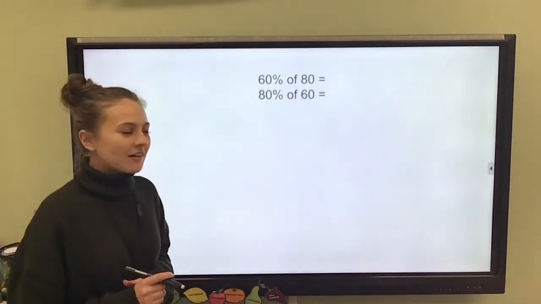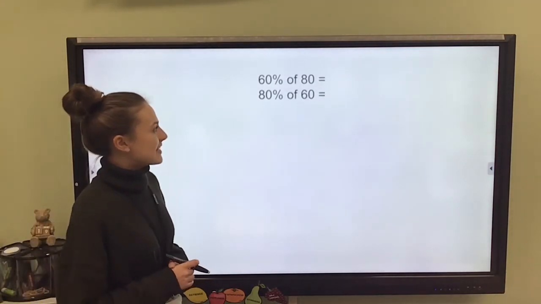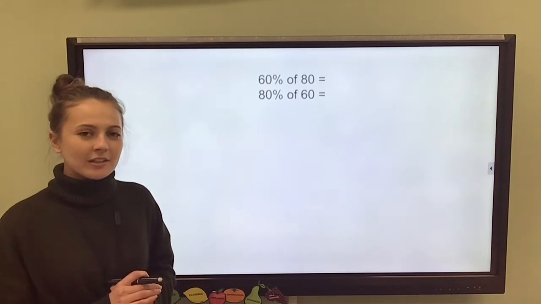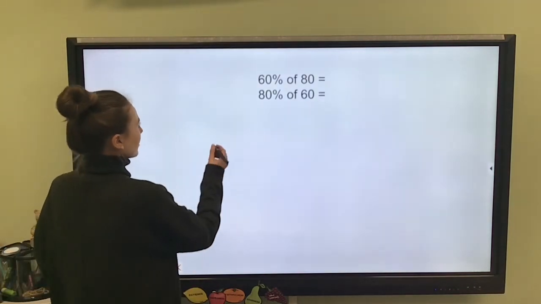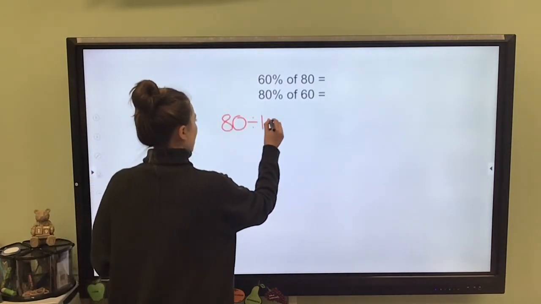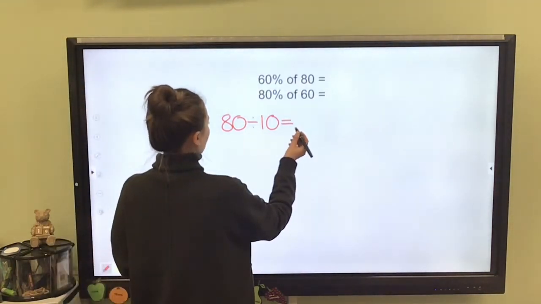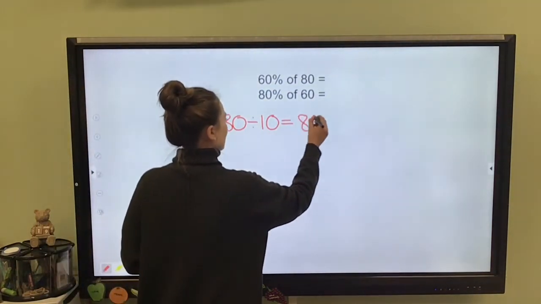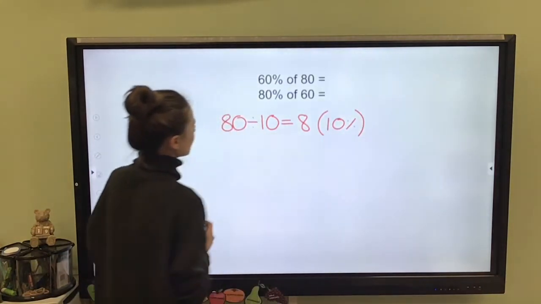So finally, my last question for you. 60% of 80 equals, and 80% of 60 equals. Let's start off with 60% of 80. First of all, we can take our 80 and divide it by 10 to find out what 10% is. 80 divided by 10 equals 8, and I can label that 10%.